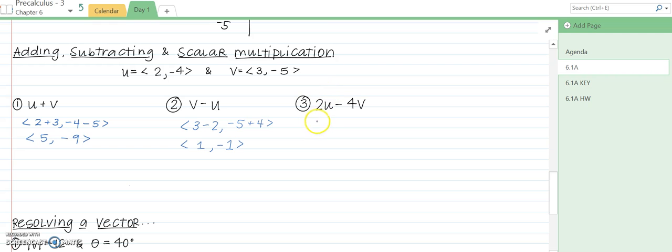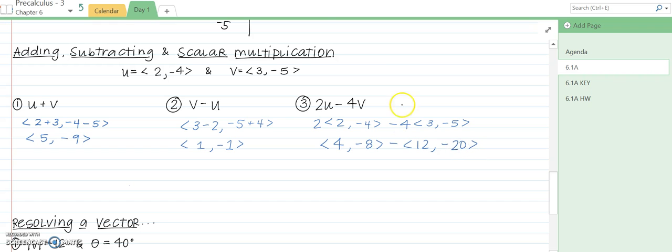With scalar multiplication, you're just multiplying the components of U by 2 and then subtracting the components of V that have been multiplied by 4. So it's basically you're just distributing them. 2 times 2 gives you 4. 2 times negative 4 is negative 8. 4 times 3 is 12. 4 times negative 5, negative 20.